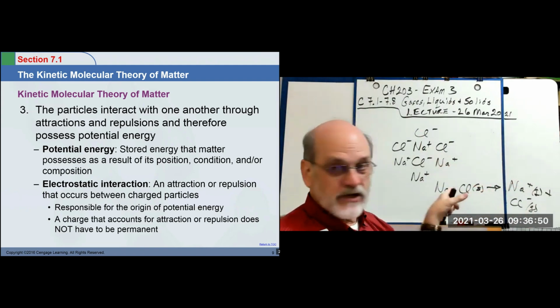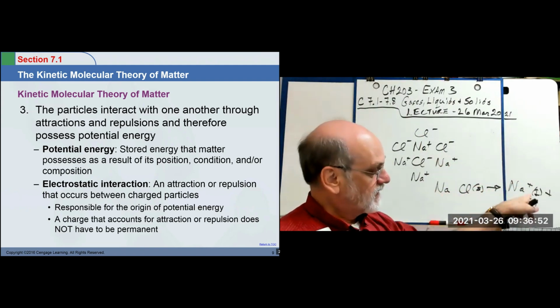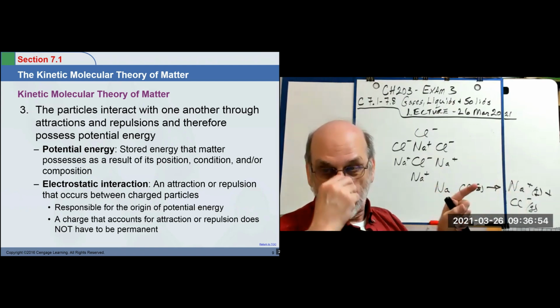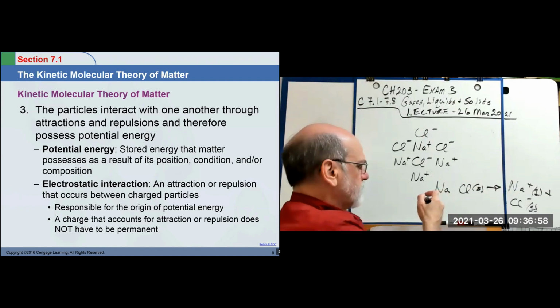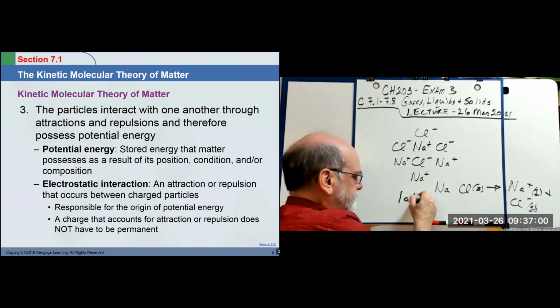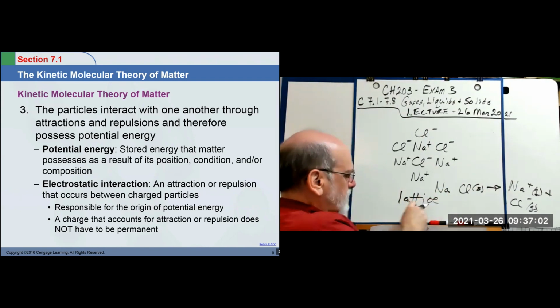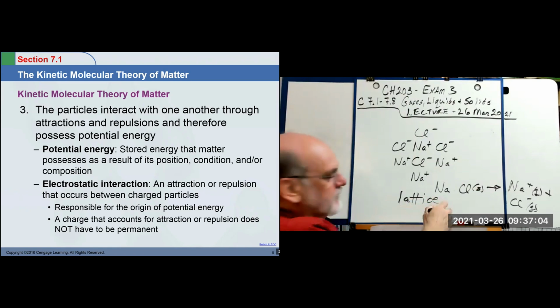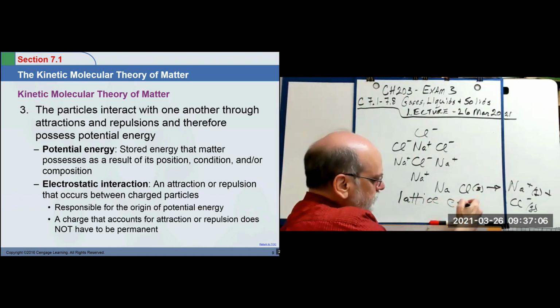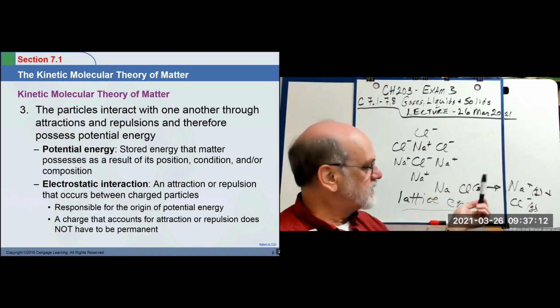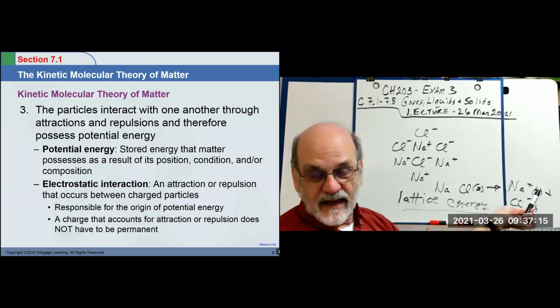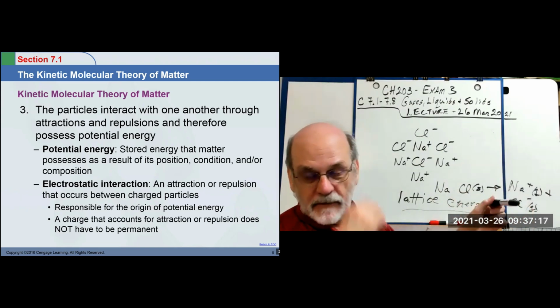So how much energy does it take to go from that to that? We'll tell you. It's got a special name. That's a TT, lattice energy. So that's the lattice energy. How much energy does it take to break that bond and make gaseous ions out of it?